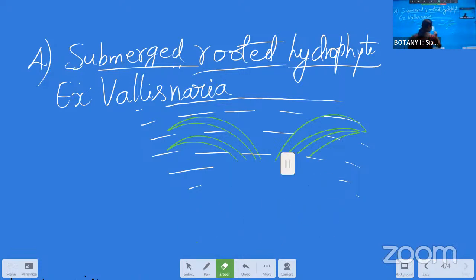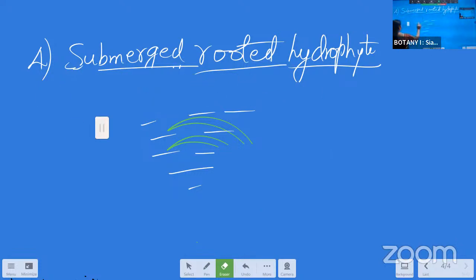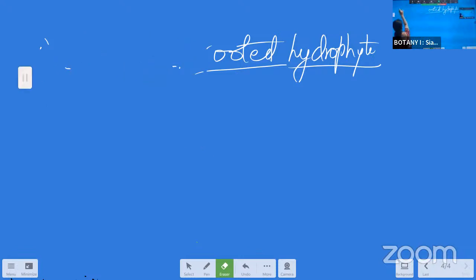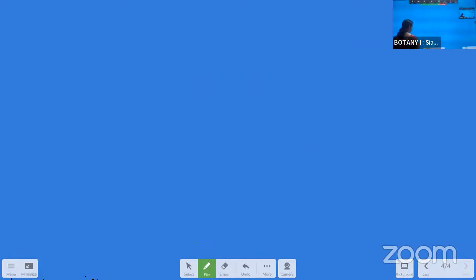And the last one is the amphibious plants. The best example is Sagittaria. So what is meant by amphibious nature? The plant which can live both in the water and on the soil. That is called the amphibious nature.